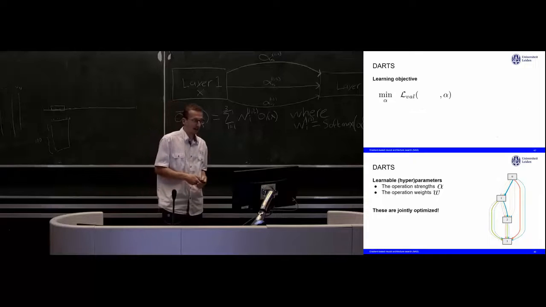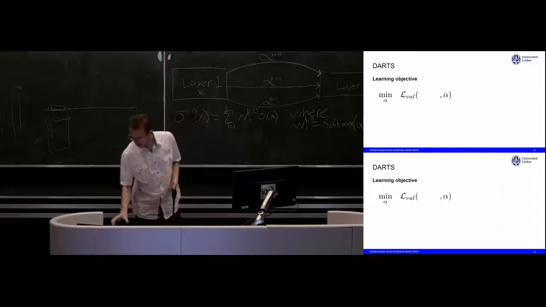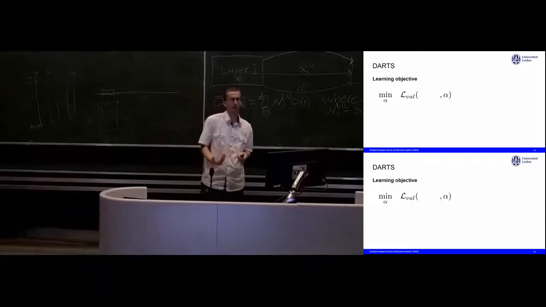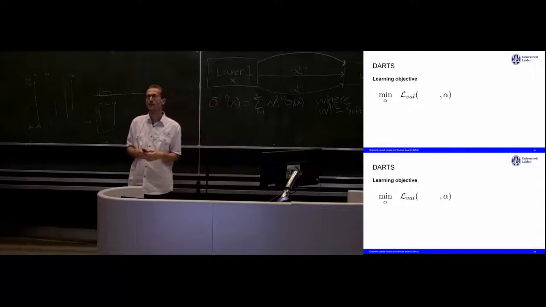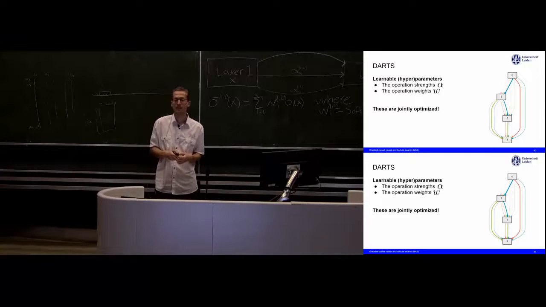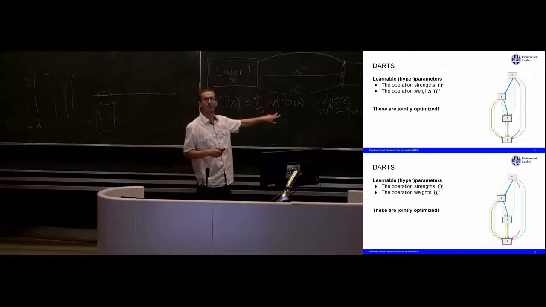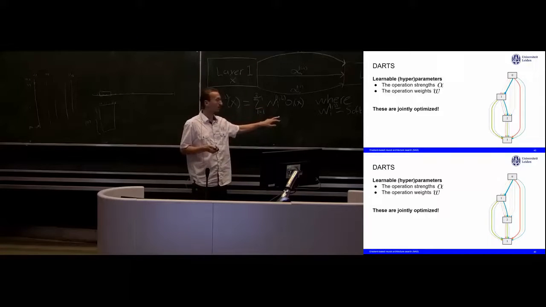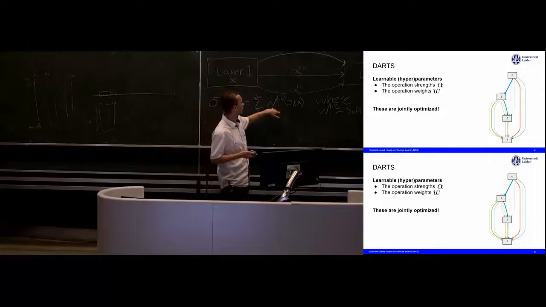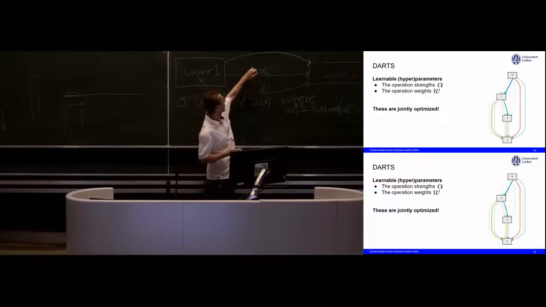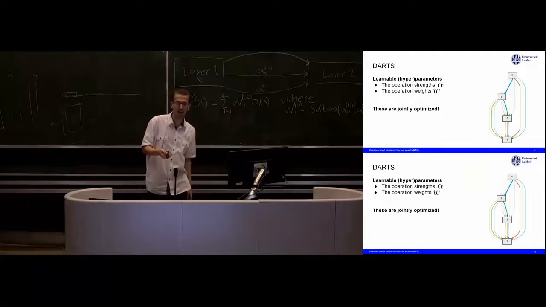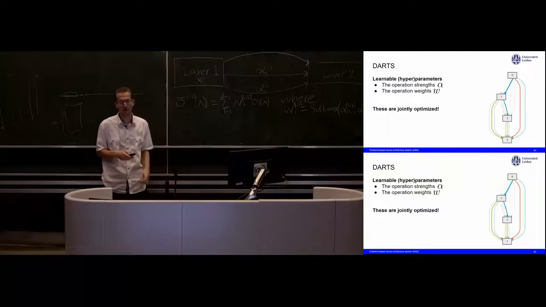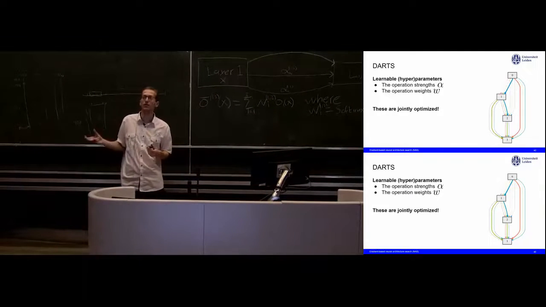And then we should actually think for ourselves, what is the learning objective that we're... yes, I see that there is a question. No, these are not the same weights. Good remark. So these are really the normalized mixing coefficients, based on the alphas here. And the weights on the slide here, I should have picked a bit better notation, but these are really the weights of the different operations.